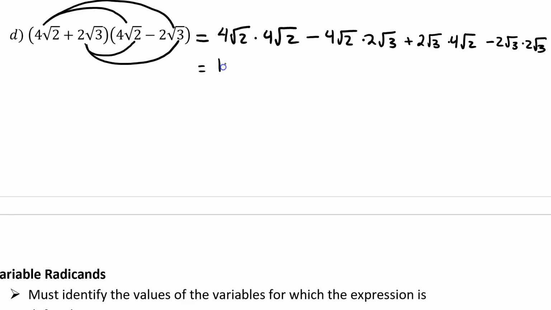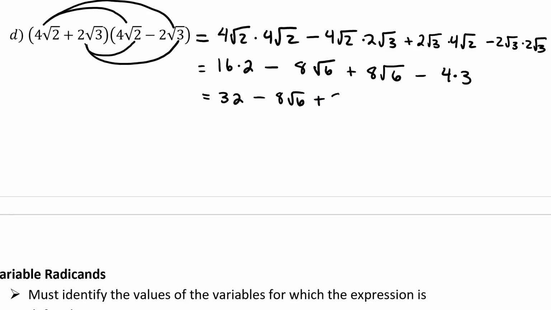So I have 16 times 2, root 2 times root 2, minus 8 times root 6, plus 8 times root 6, minus 2 times 2 is 4, root 3 times root 3 is 3. So here I have 32 minus 8 root 6 plus 8 root 6 minus 12.